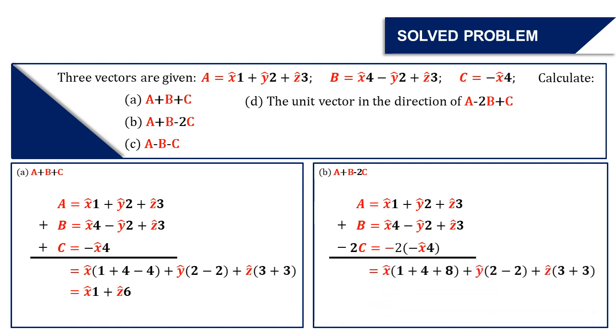So, that would be 1 plus 4 plus 8 sa ating x hat component. Sa pangalawa naman, that would be 2 minus 2. Sa pangatlo, that is 3 plus 3. Therefore, yung ating sagot sa B, problem B, is x hat 13 plus z hat 6. So, ganyan na siya kadali. No?